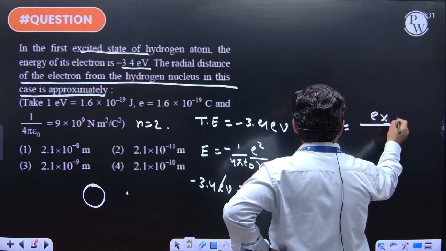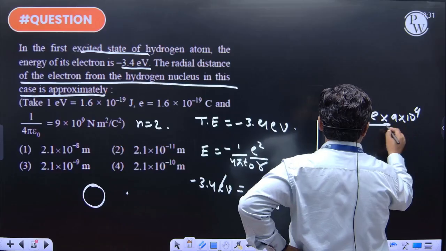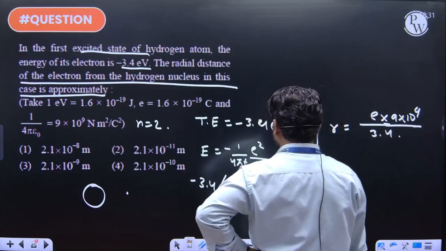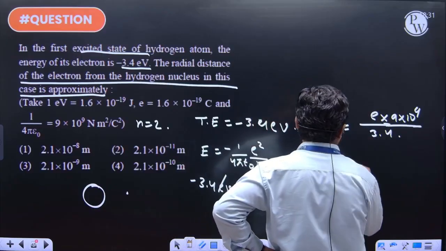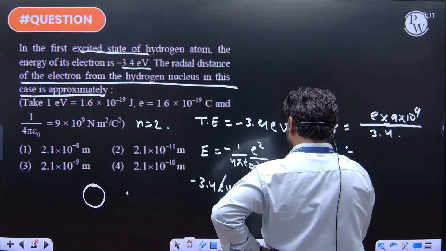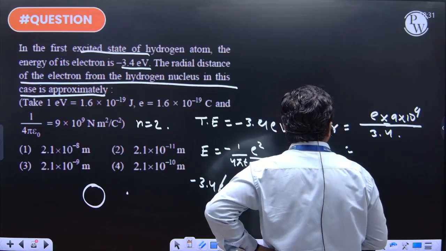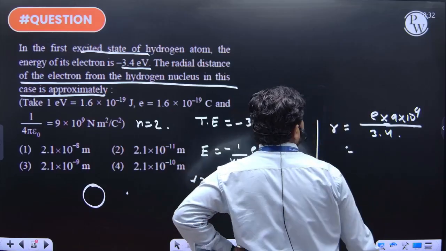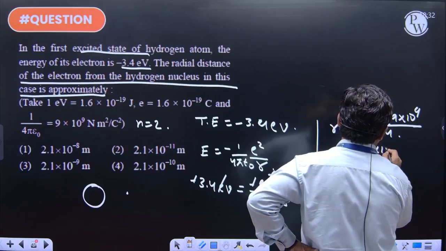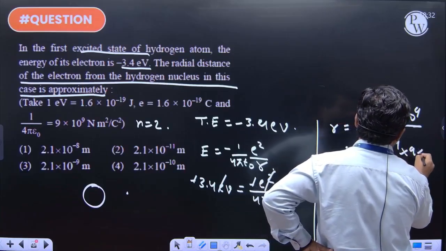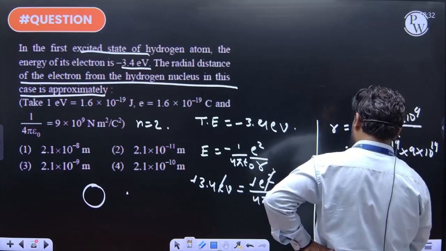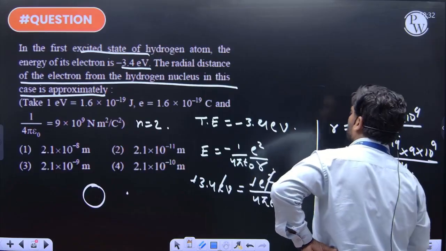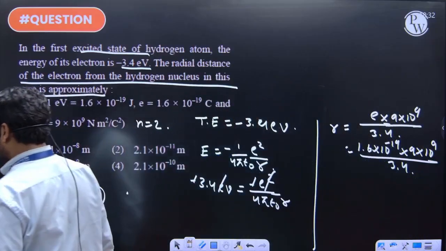Can I write it directly? 9 into 10 power 9 divided by 3.4. So here 1 E is cancelled. Then E is 1.6 into 10 power minus 19 into 9 into 10 power 9 divided by 3.4. So let's solve it and let's check how much answer we are getting.